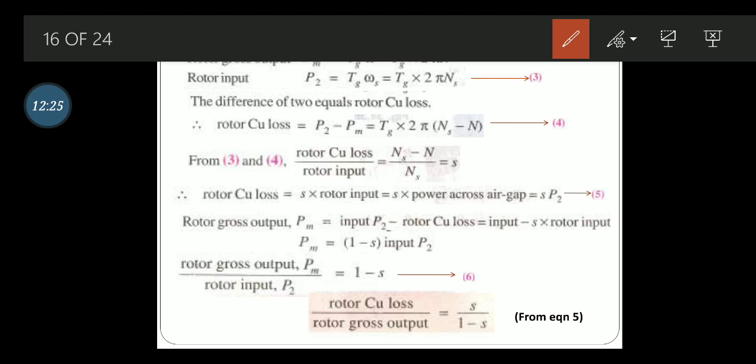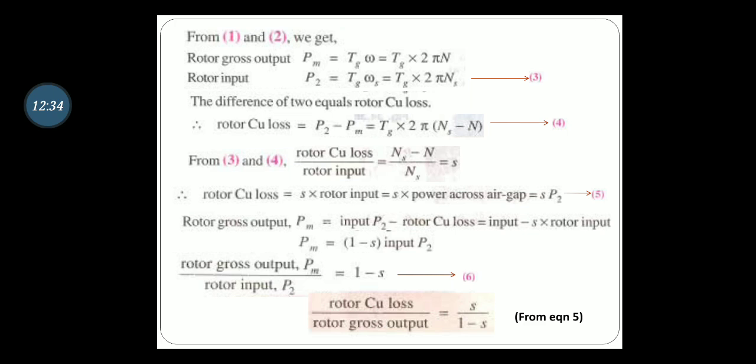Now the difference of the two equals the rotor copper loss. How can we get the rotor copper loss? The rotor copper loss is obtained by the difference between the rotor input and the gross power output of the rotor.